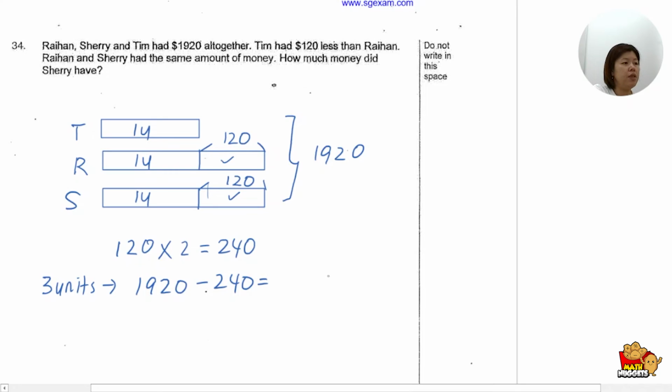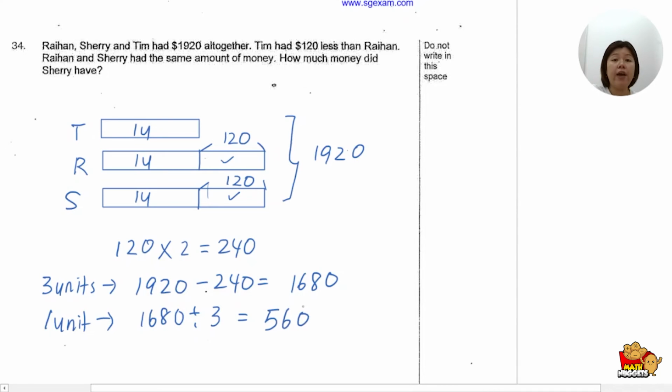It will give me 1,680. So I can find 1 unit, which is 1,680 divided by 3, which is 560. They want Sherry. Sherry will have 560, which is 1 unit, plus 120 will be $680.